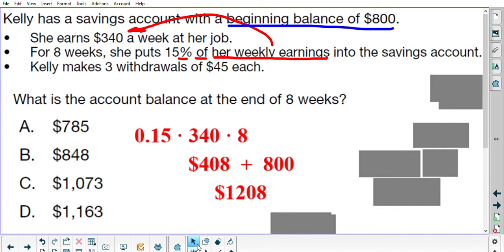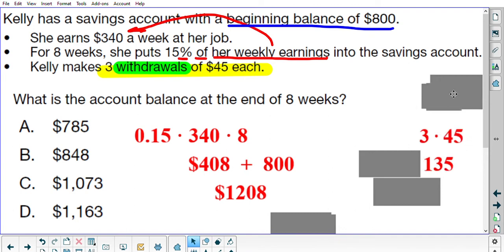But there's another piece of information here. It said in the third bullet point that she makes 3 withdrawals of $45 each. The word withdrawal means taking it out of the bank account. So 3 times 45 would be 135.